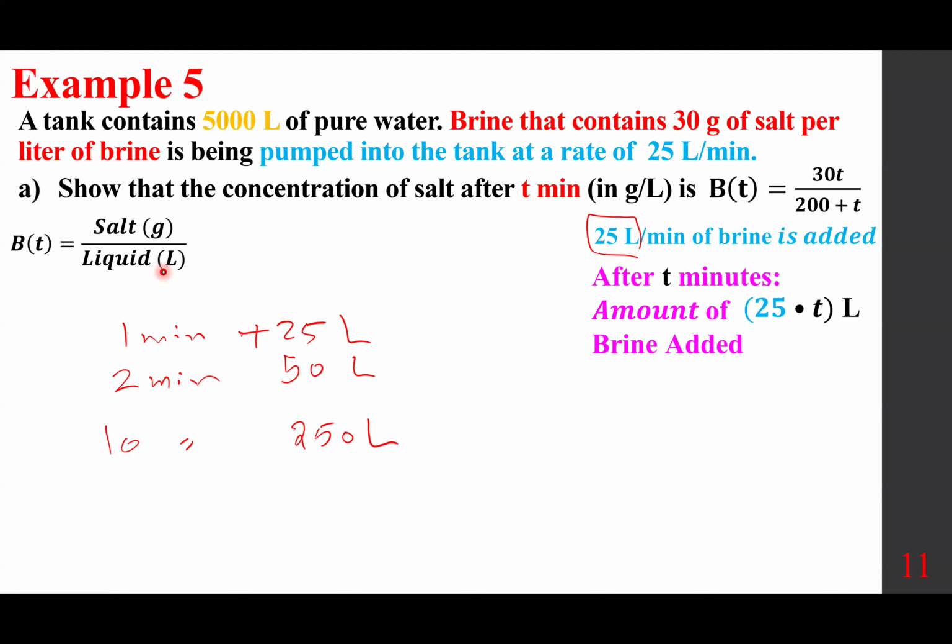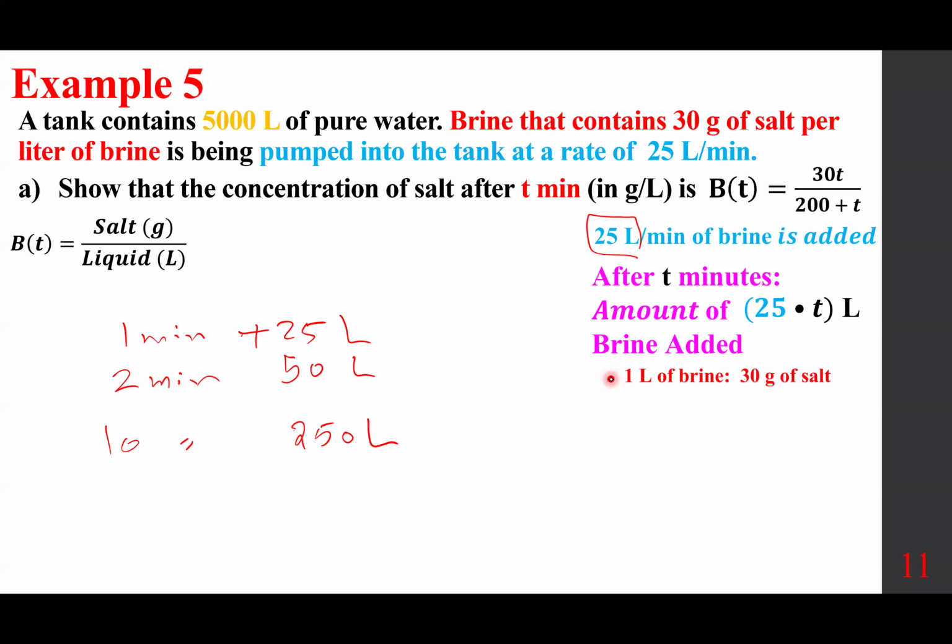What about the numerator, which is the salt? Well, brine contains 30 grams of salt per liter. So if we add 1 liter, we get 30 grams of salt.